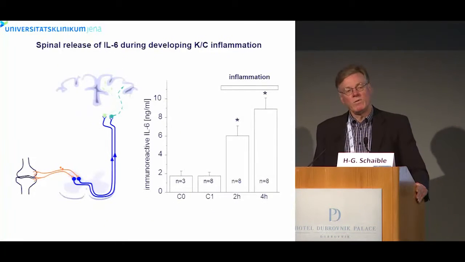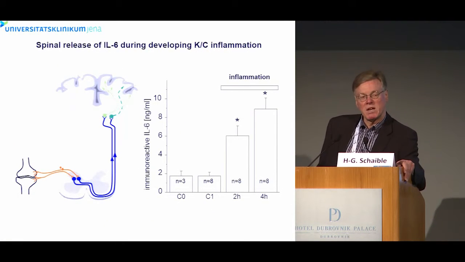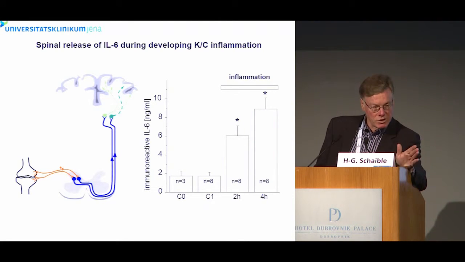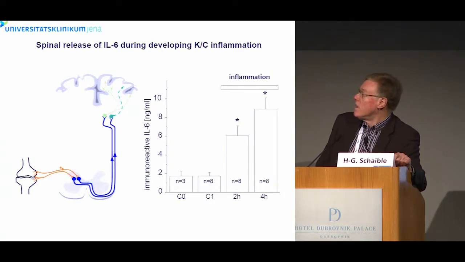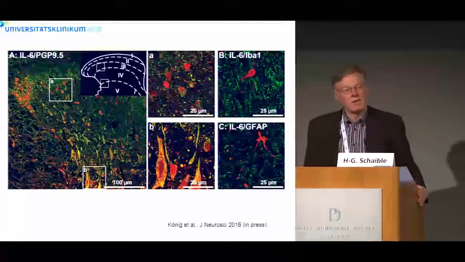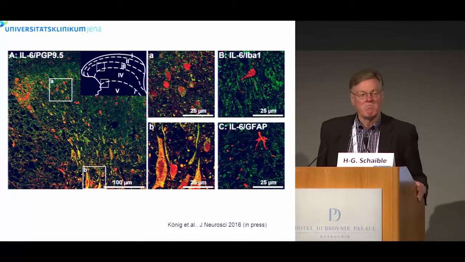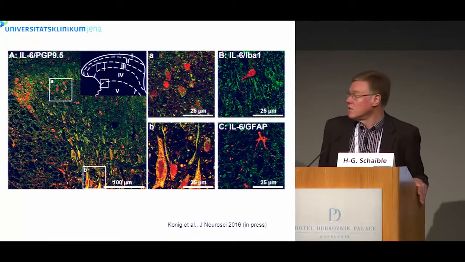Now, in fact, we found that IL-6 is rapidly released in the spinal cord during peripheral inflammation. When you stimulate the joint and you monitor release of the IL-6, you find very rapidly IL-6 release in the spinal cord. And we were thinking, where is this IL-6 coming from? And we think that it is mainly coming from neurons in the spinal cord.